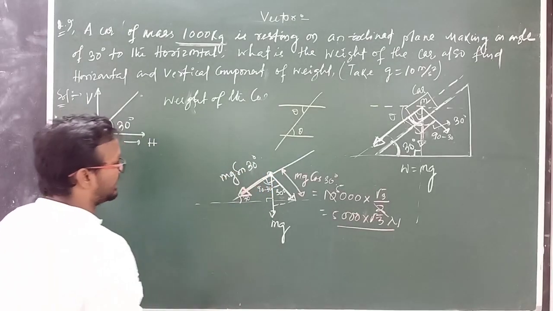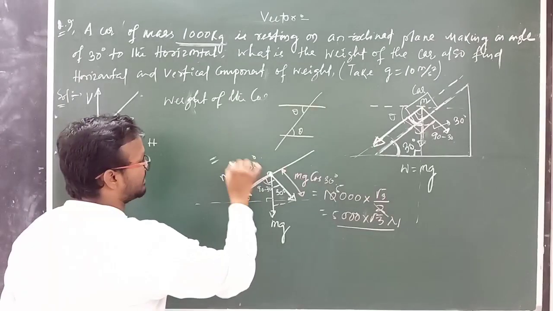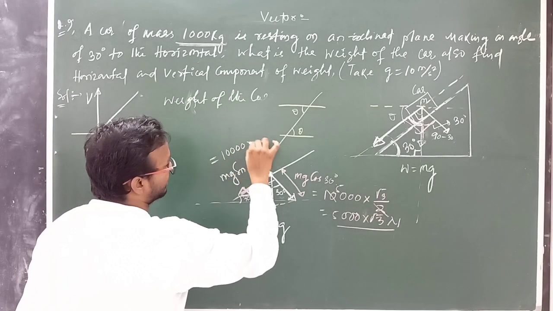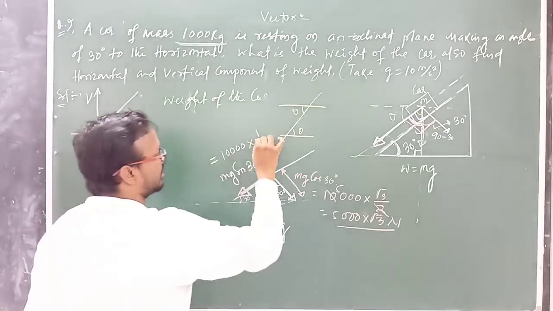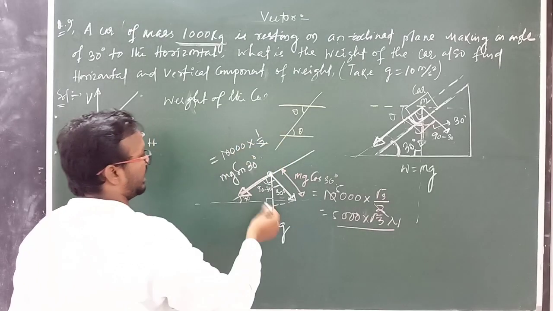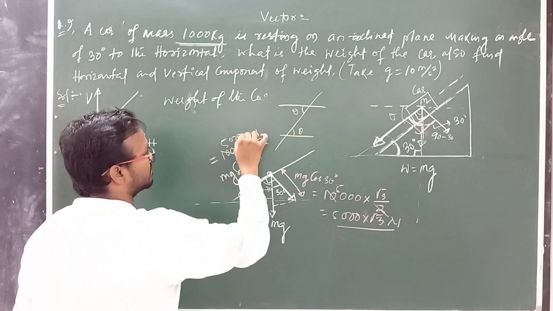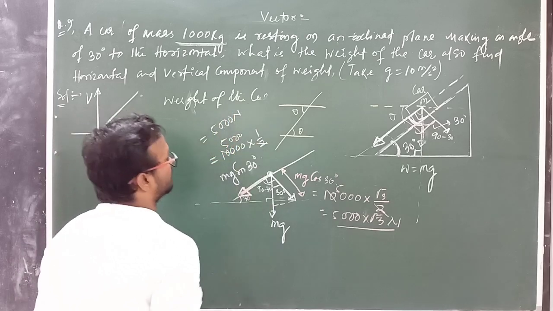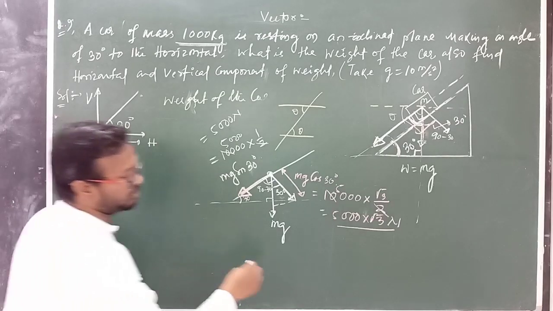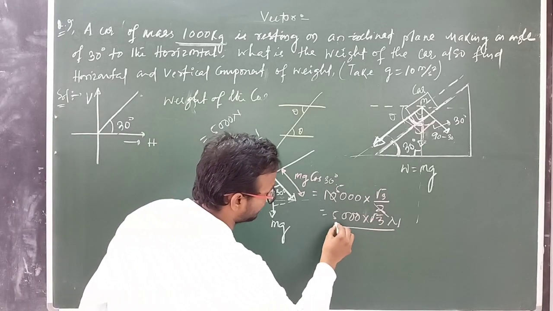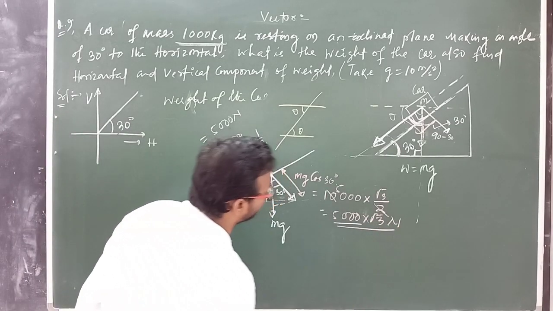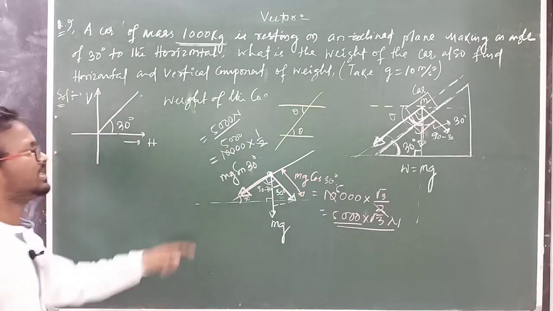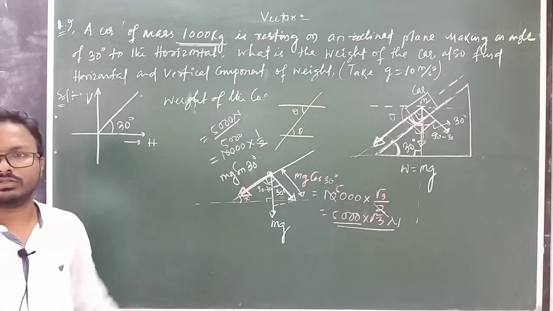So if you solve this relation, we get mg, 10,000 into sin 30, which is 1 by 2, and that is 5,000. So its value is 5,000 Newton. So the two rectangular components are 5,000 root 3 Newton, and the next rectangular component is 5,000 Newton. Clear?